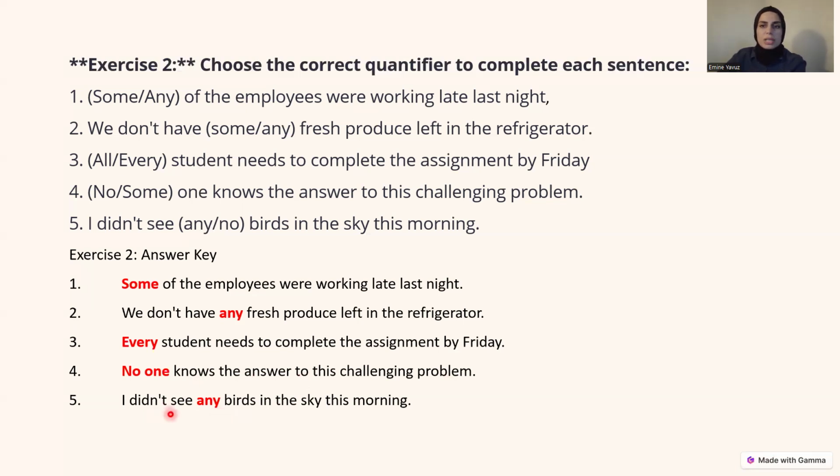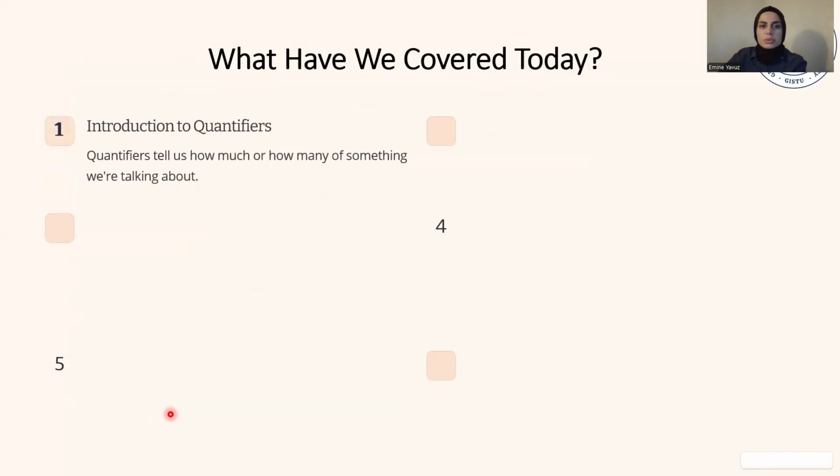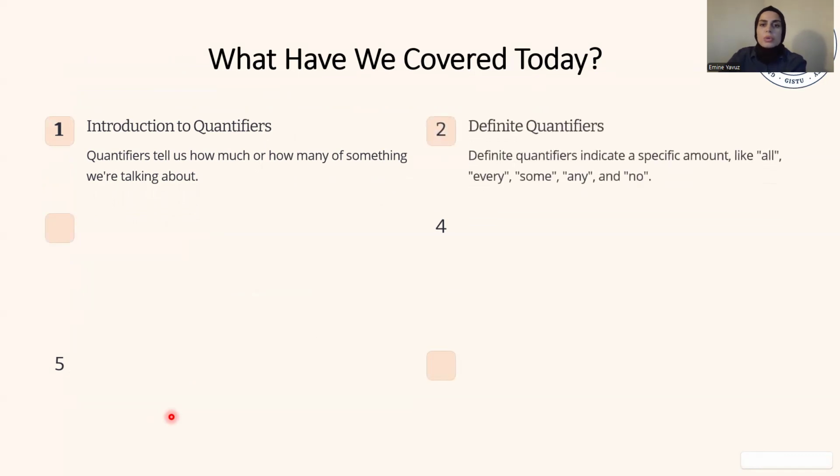Now let's have a look at what we have covered during this lesson. We covered the introduction to quantifiers, how much or how many of something we are talking about. We tried to see the difference between definite and indefinite quantifiers.